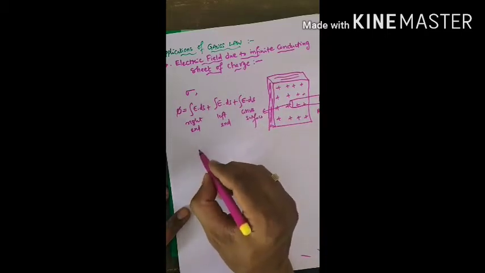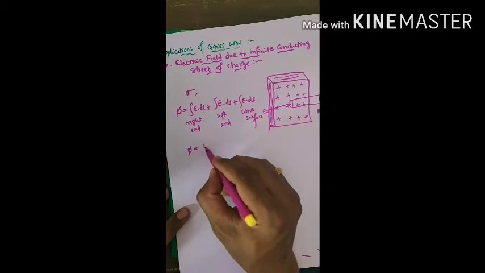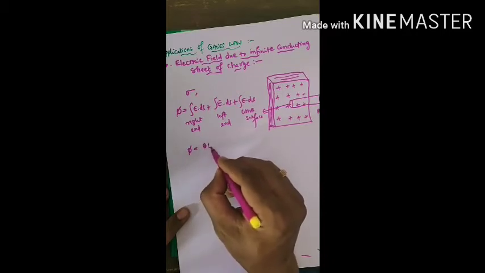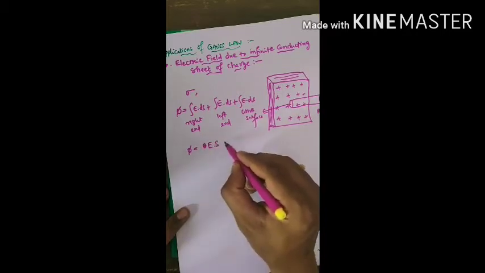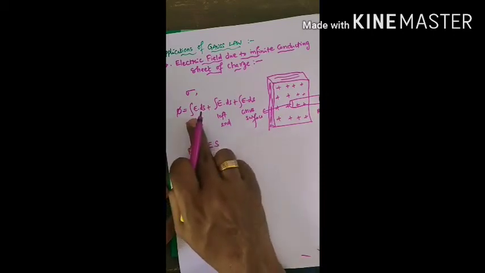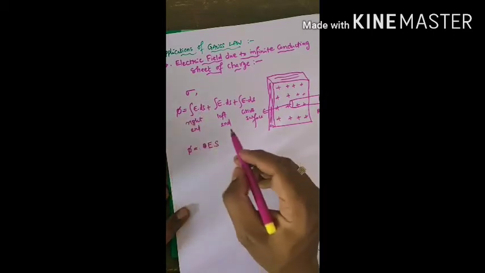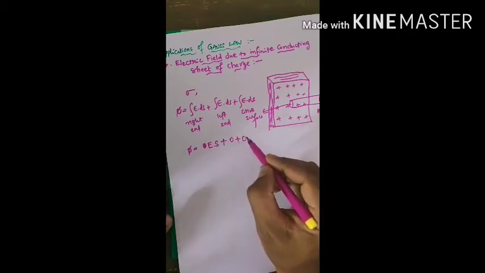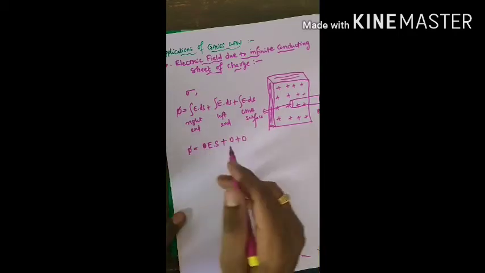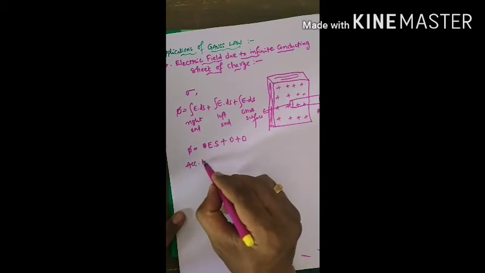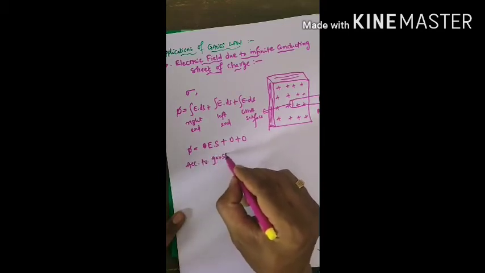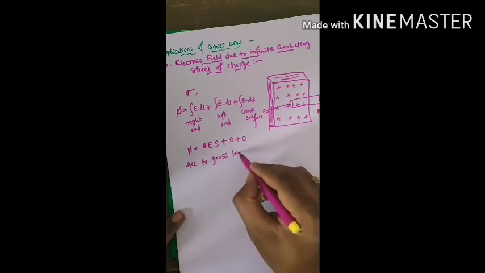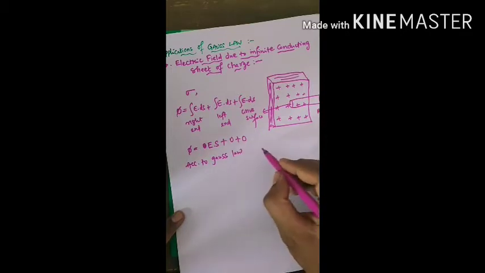So here phi is equal to E S, because here they are parallel. Here the left end is 0 and the curved surface is also 0. Okay, according to Gauss law, what is the Gauss law?